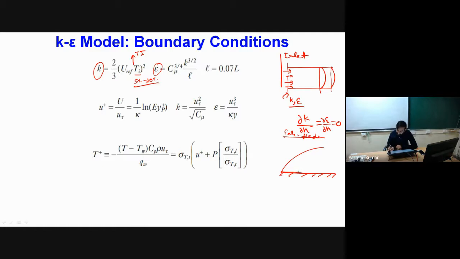When we do integration of the kinetic energy and its dissipation equation for the cells near the wall, we find that this epsilon takes very large value, and it actually destabilizes the numerical solution of our turbulent flow.